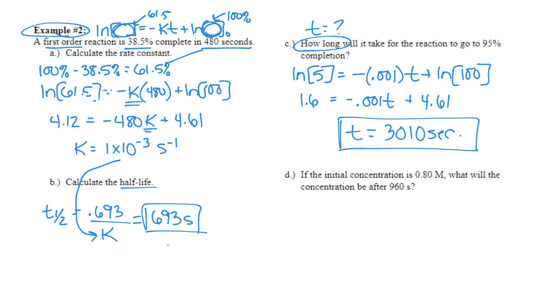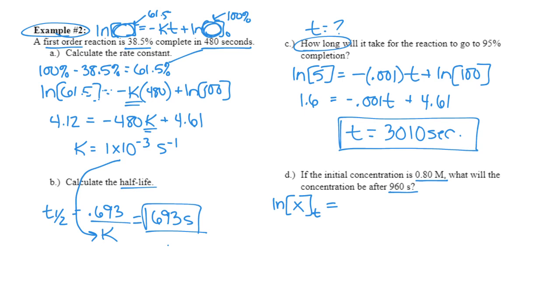All right, last one, part D. If the initial concentration is 0.8, what will the concentration be after 960 seconds? So this equation, more specifically, this concentration is what is my concentration after a certain amount of time. So I'm solving for this number, basically.